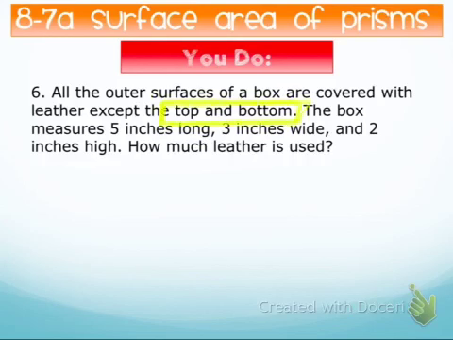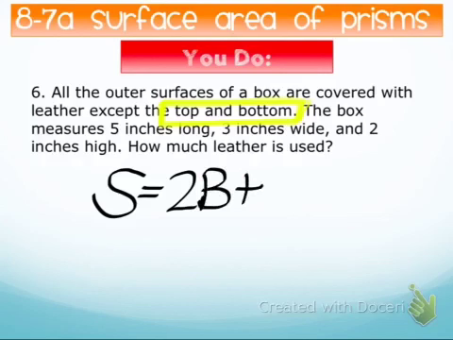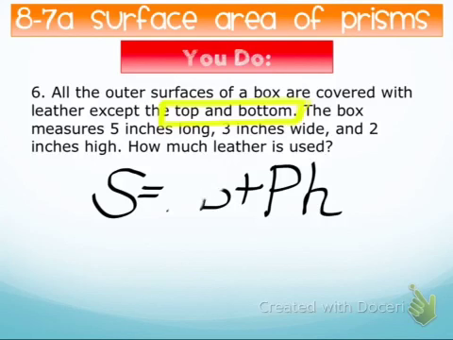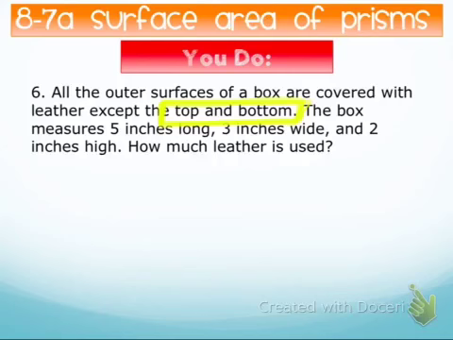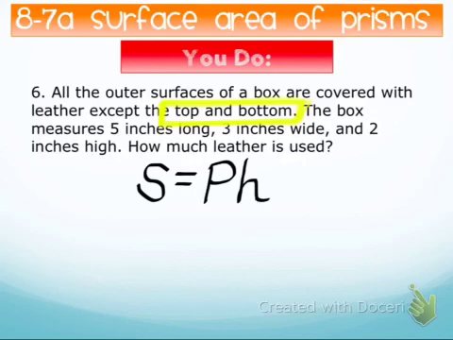So really, we don't have any B. So when we look at our original S equals 2 bases plus the perimeter times your height, with just one base, we were going to have just one B. But if neither top or bottom, we're not going to have either of these. So your formula is going to be completely different. Your formula is going to be perimeter of your base times your height.